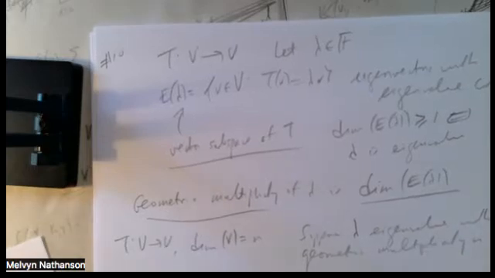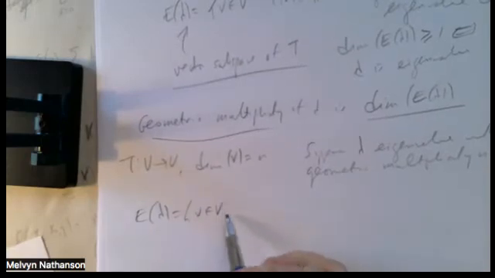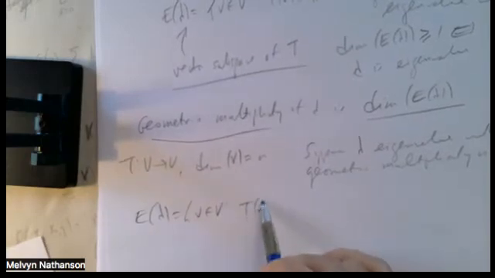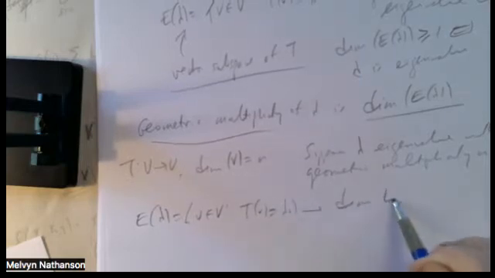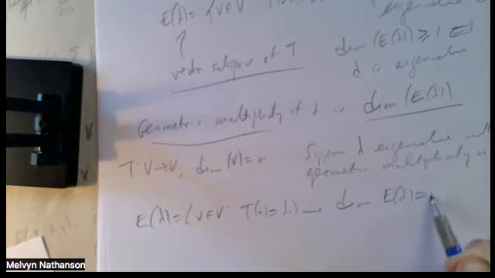That means this eigenspace E of lambda, which is all the vectors in V such that T of v is lambda v, has dimension n.